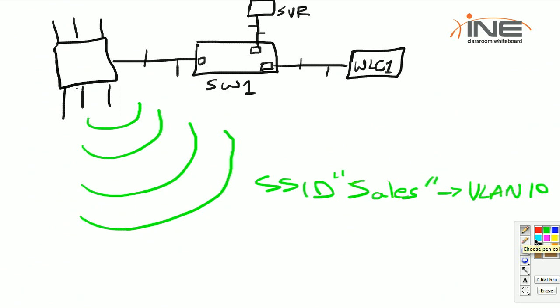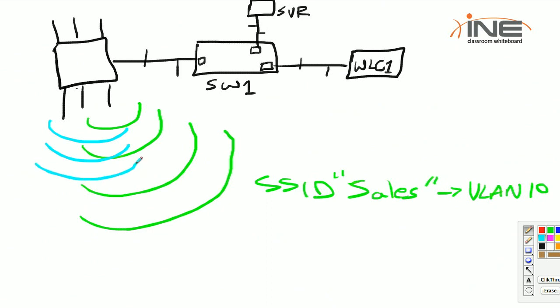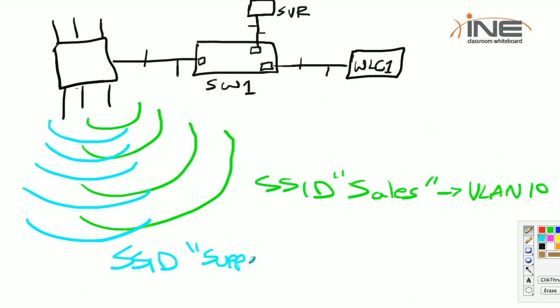We're going to have another SSID, and in this case, I'm not saying that these multiple colors are different channels. These are different SSIDs. I'm not going to put the SSID of guest, even though we'll have that one as well. But I'm going to have the SSID of support.